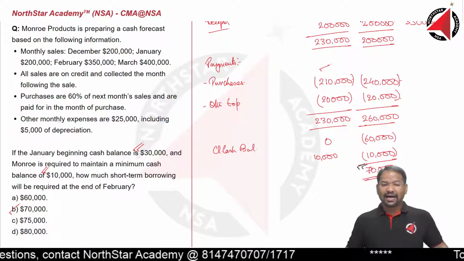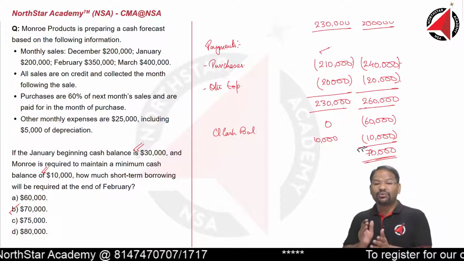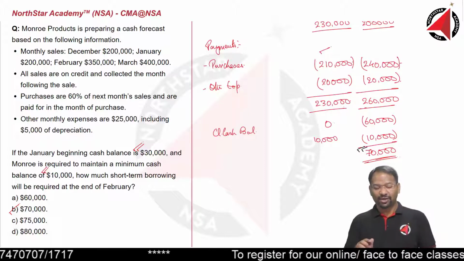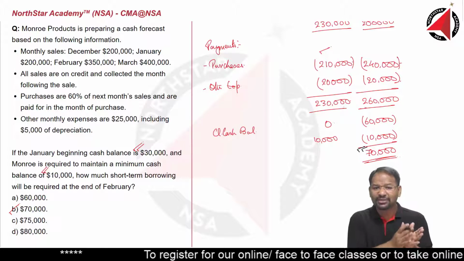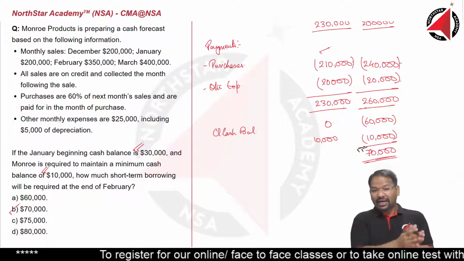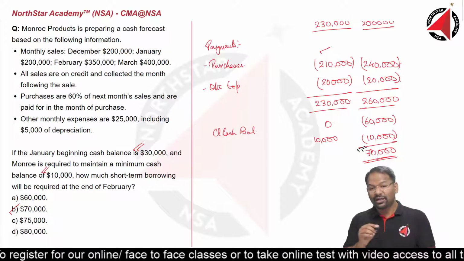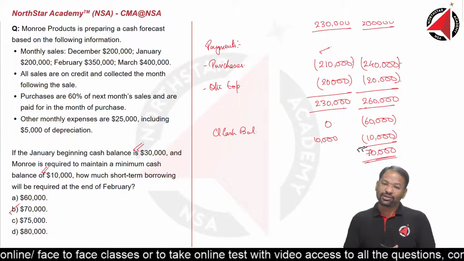Now, is the answer same? Answer is you have a total balance of 70,000. But have you borrowed entire 70,000 in the month of February? Answer is no. We had borrowed 10,000 in the month of January and another 60,000 in the month of February. And total closing balance will be 70,000 as short-term borrowings.